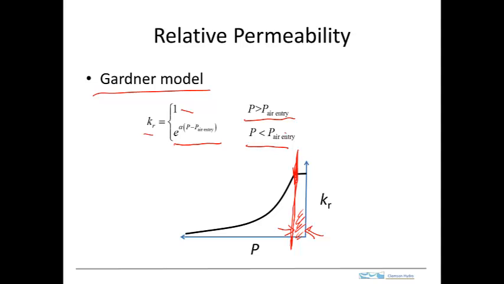Now, the way this is set up, P is the pressure in the porous medium. And so alpha, that parameter there, has units of 1 over pressure. And what we're implying is that P is negative. Okay, so we're doing this in terms of the pressure in the pore space.